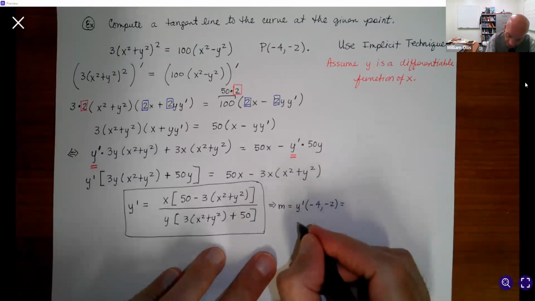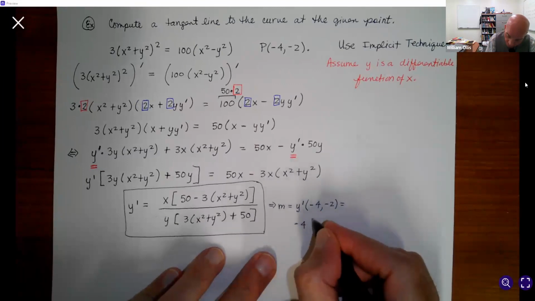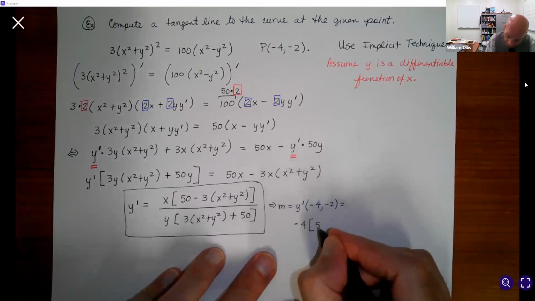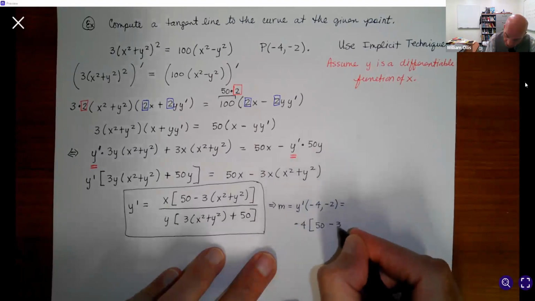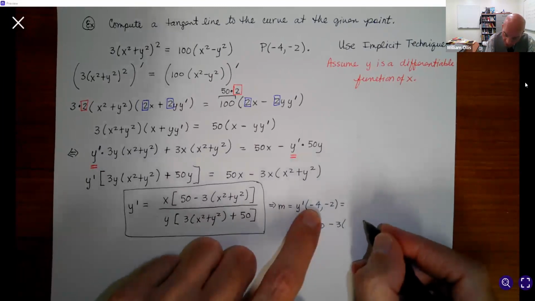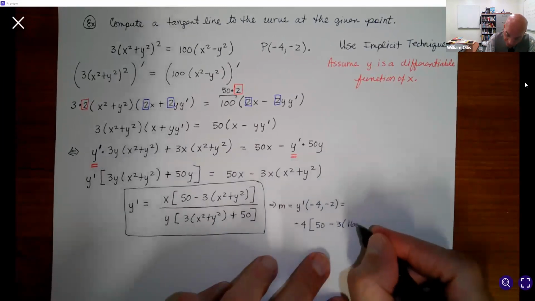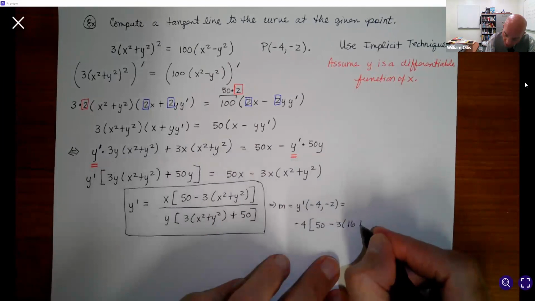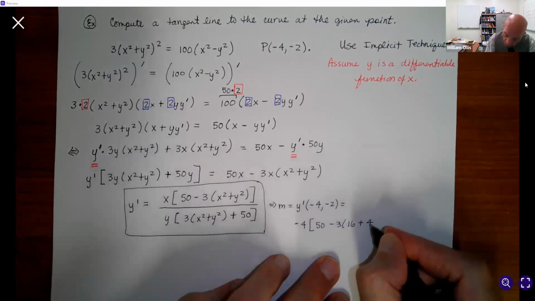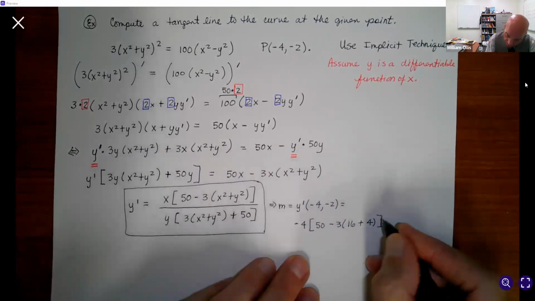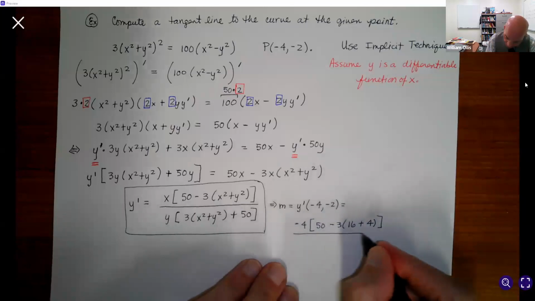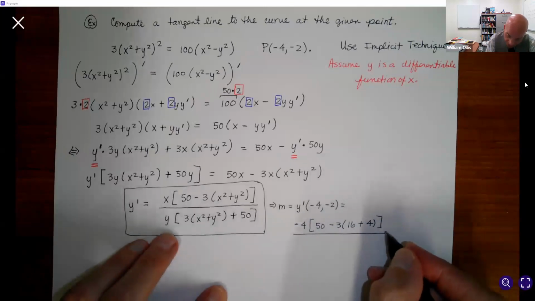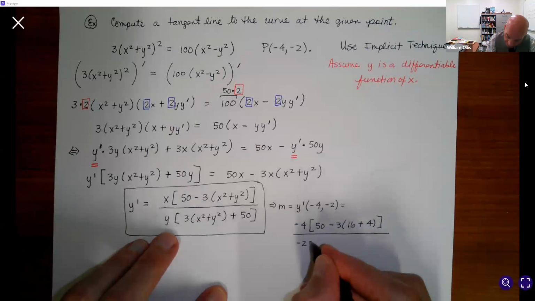So this is going to give us a -4. And then we have 50 minus 3. And of course, if we square the -4, we get a 16. We square the -2, we get a 4. And then downstairs, we have a -2 for y.